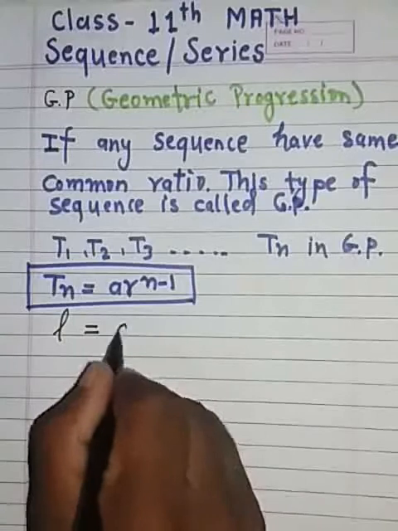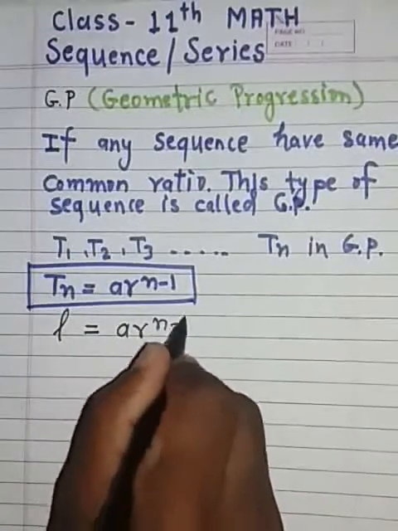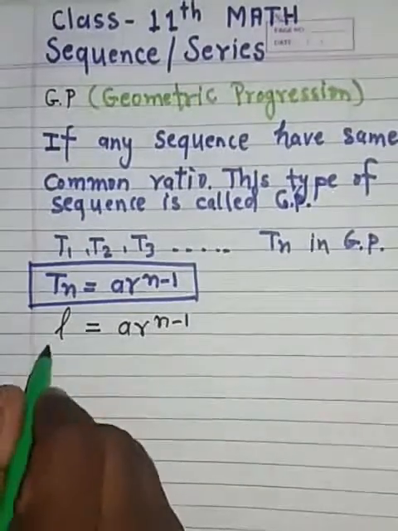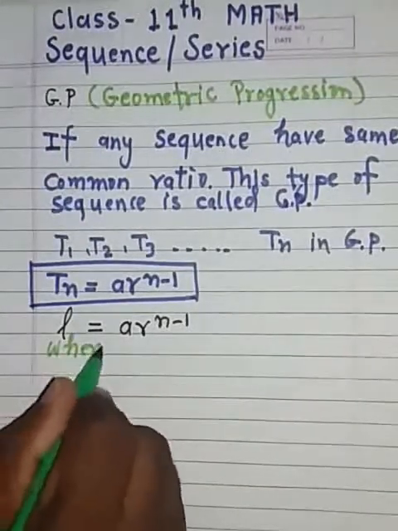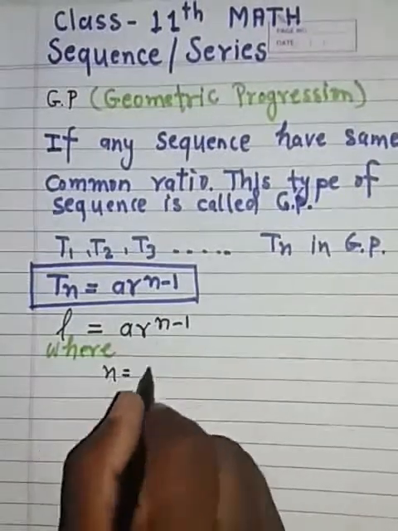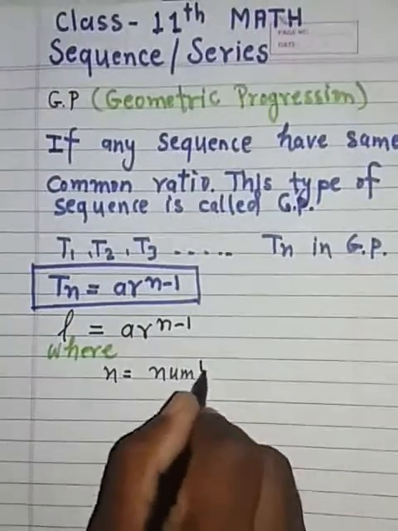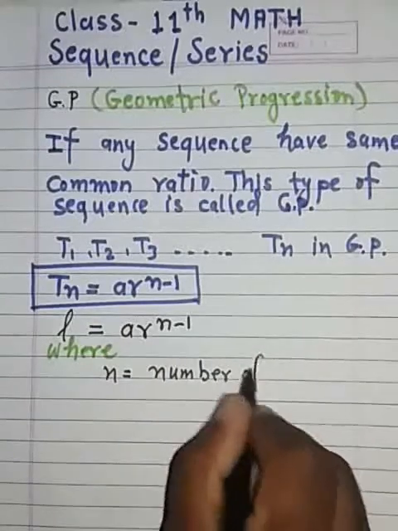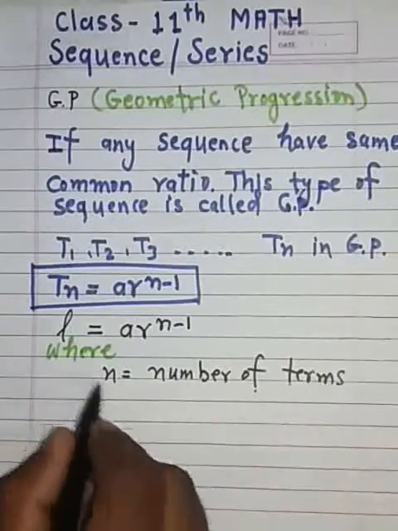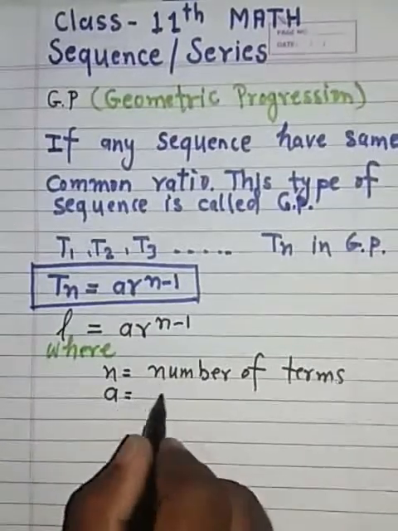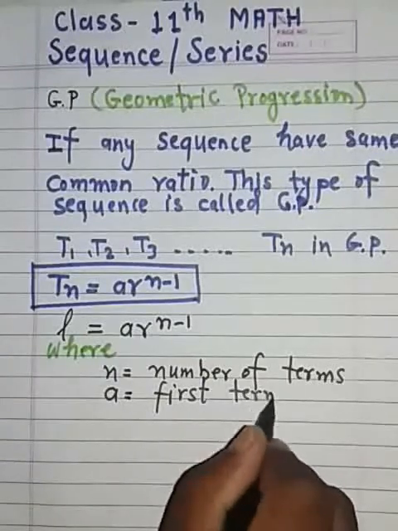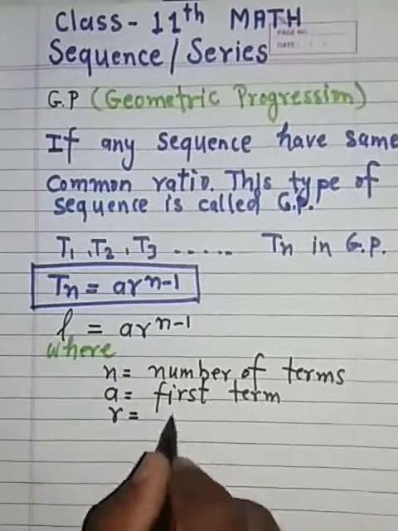This formula will be also a r to the power n minus 1, where n is the number of terms, a is the first term, and r is the common ratio.